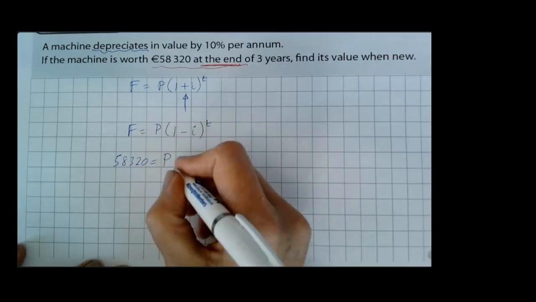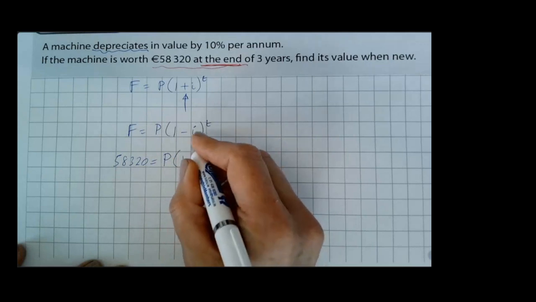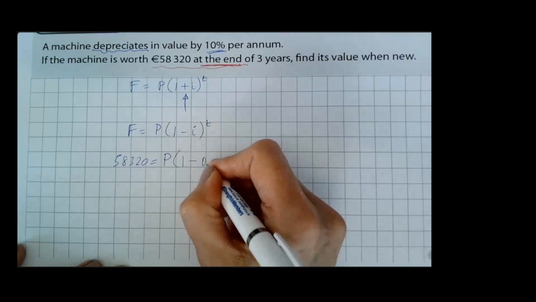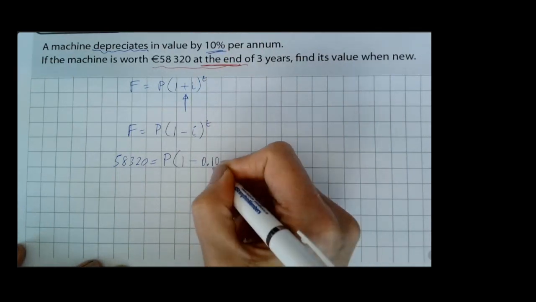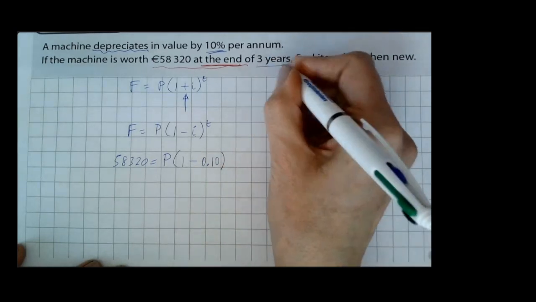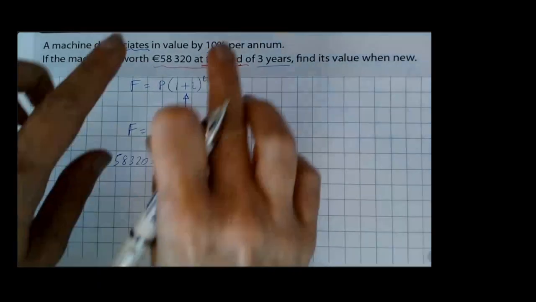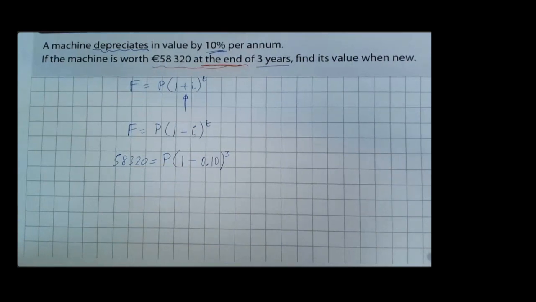So that's the bit I'm looking for. But of course I can fill in 1 minus the I, the rate in decimal form, which is 0.10. 10% in decimal is 0.10. And of course, the time is 3 years. So there we go. Using the question, pulling out all the bits of information, slotting it into my depreciation formula.